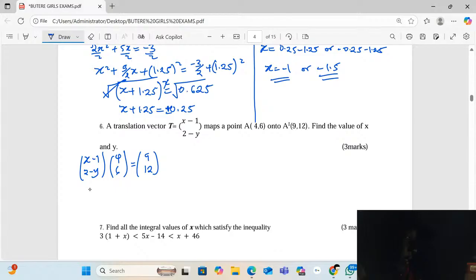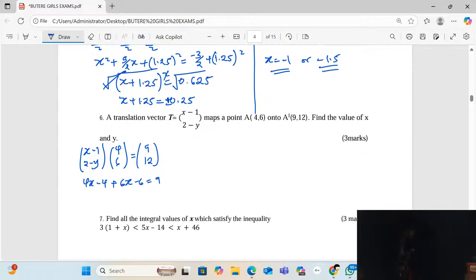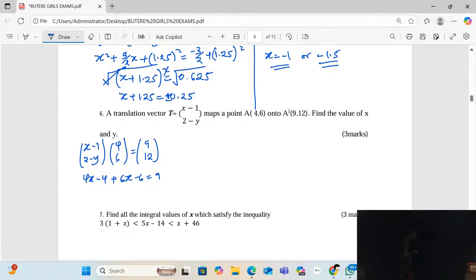So that means 4 times x minus 1, 4x minus 4, plus 6 times x minus 6 should give us 9. Multiplying vectors, then we have 10x is equal to 19. So the value of x becomes 1.9.